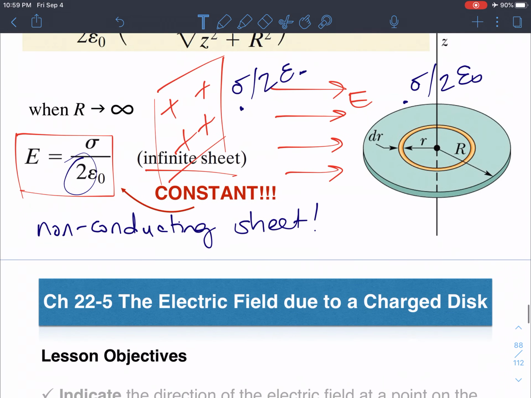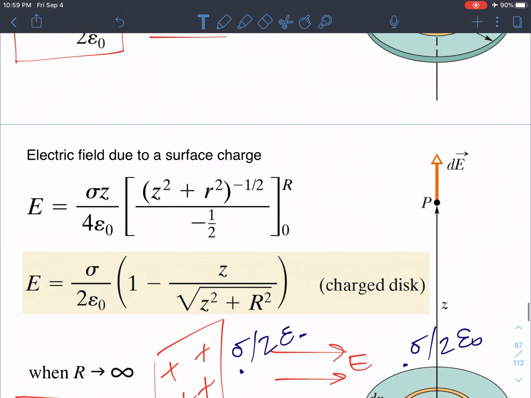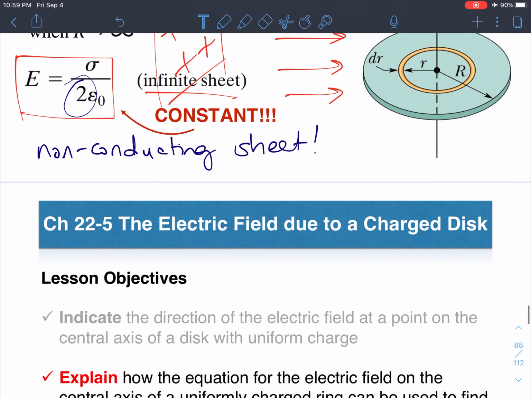And you know that the point particle is changing with 1 over r squared. For example, a dipole is changing with 1 over z cubed. And you can also see the charged disk also has z dependence in it, but not if it is an infinite sheet.